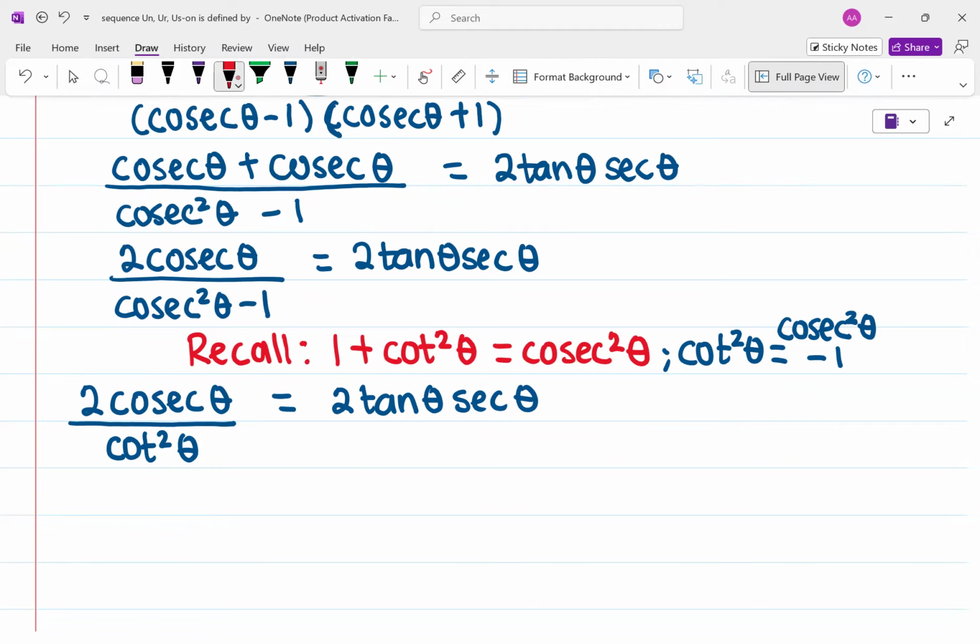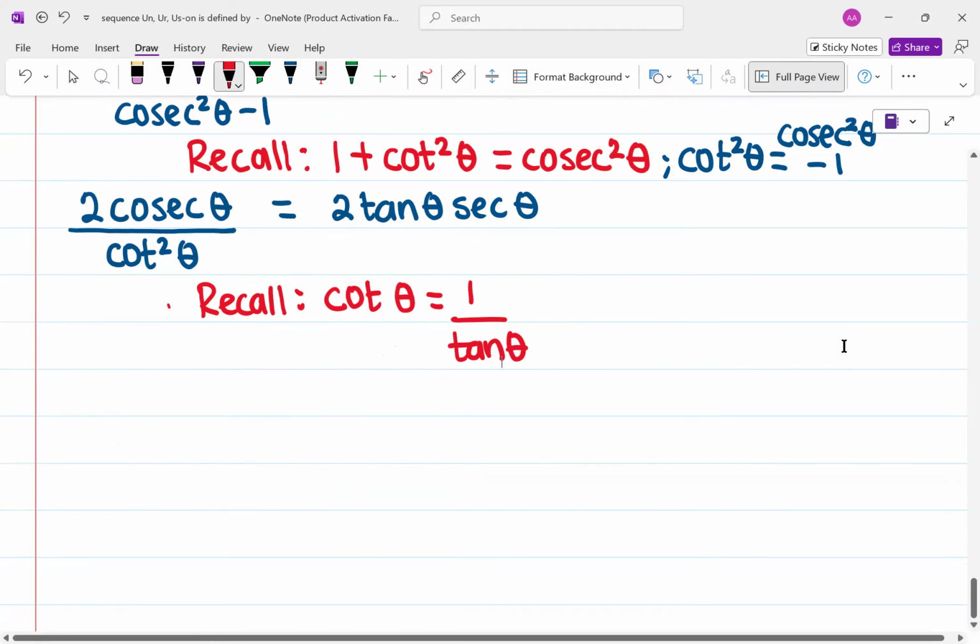What do we do here also? I recall that cot theta is equal to 1 over tan theta.